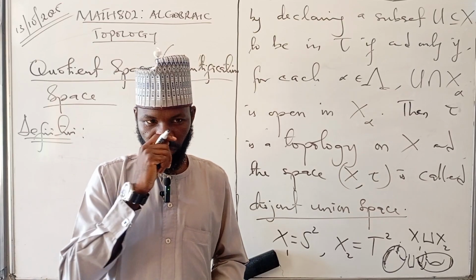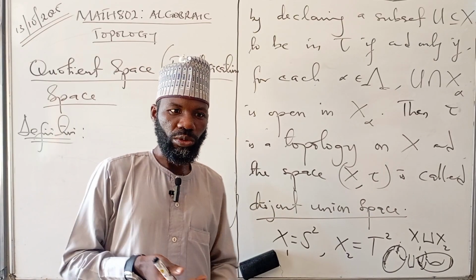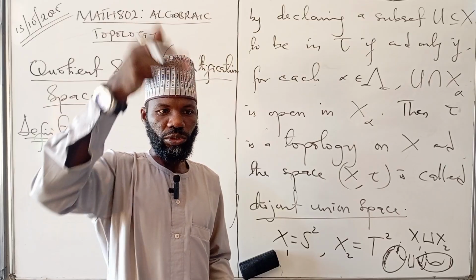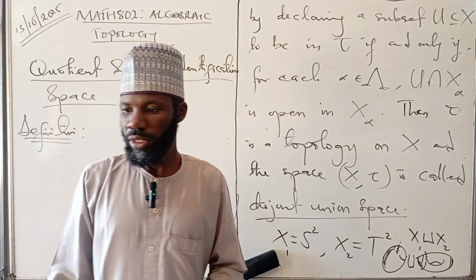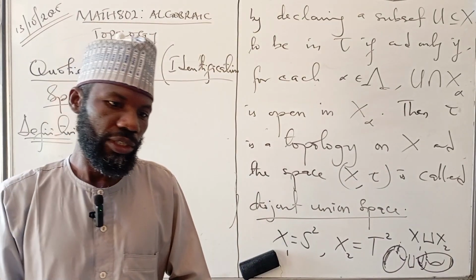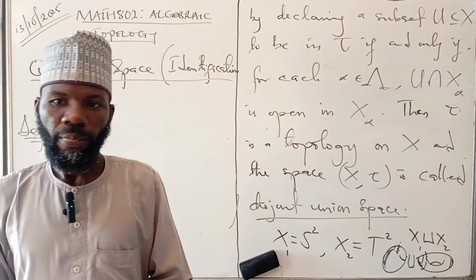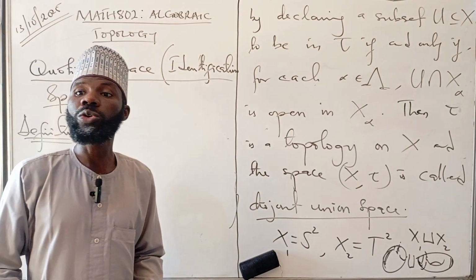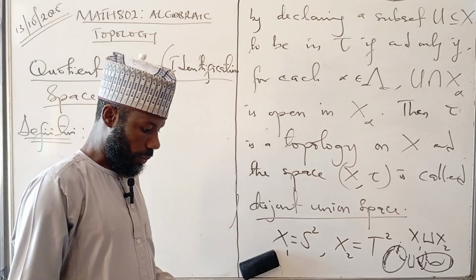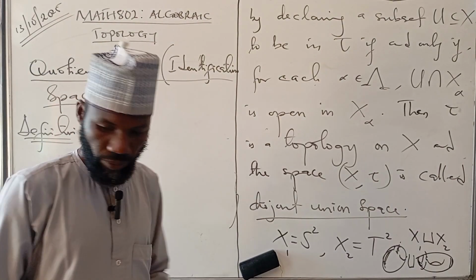You can multiply groups to get a new group. Then you can also divide groups, because if you have a normal subgroup N, G by N is a quotient. You can do the same with a topological space. You can take quotients of spaces to construct a new space out of the given one.